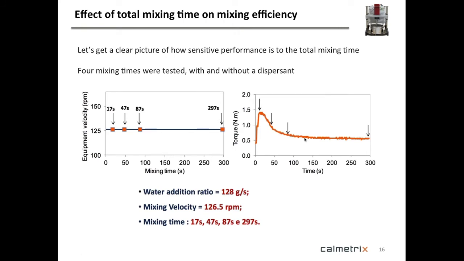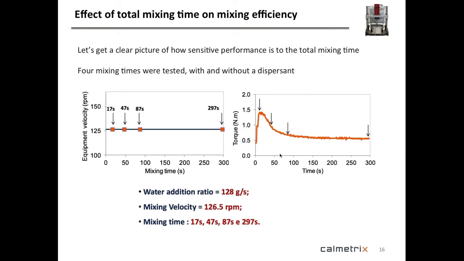This point is where you get a stable suspension of the materials, and the material becomes fluid and pretty stable after the mixing. So this type of curve tells you how long you would have to mix to reach that plateau. And very often you would use dispersants to help with that, to disperse the materials quicker in the mixture, and this better dispersion helps you to get a stable mixture quicker.